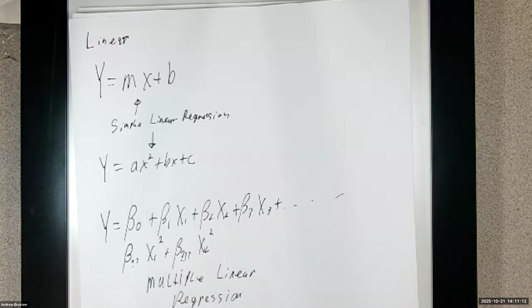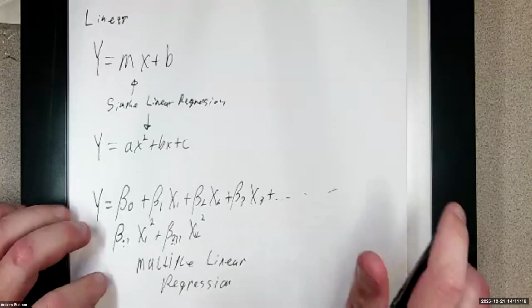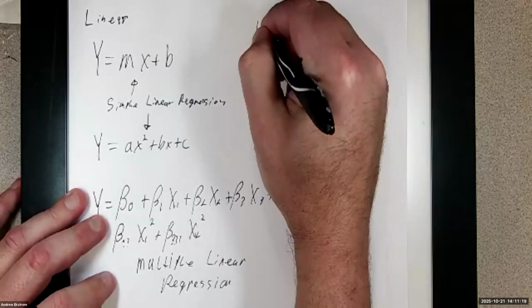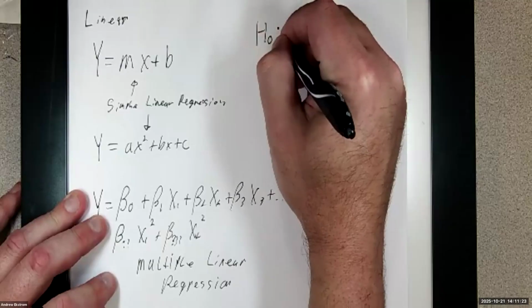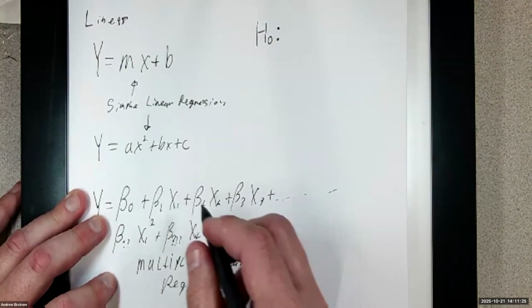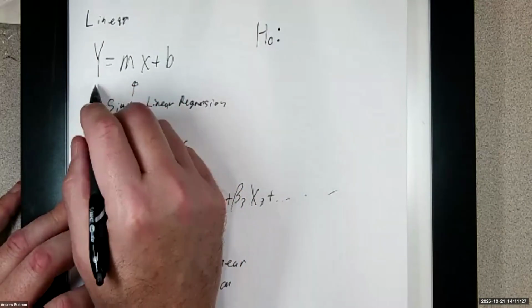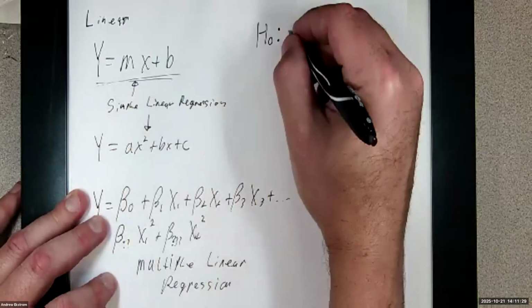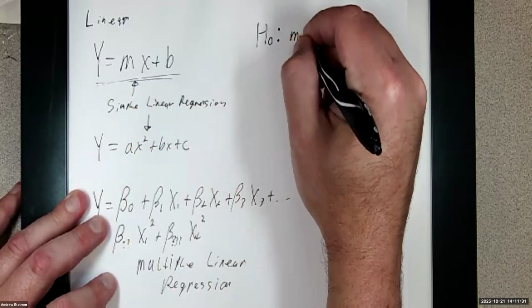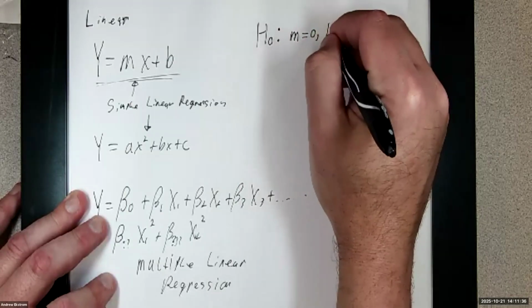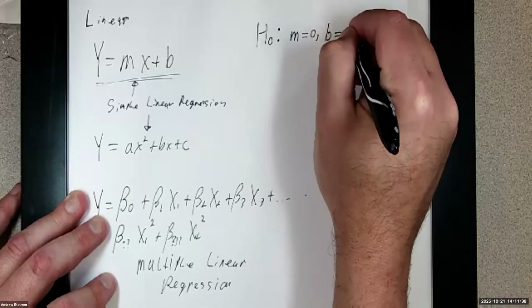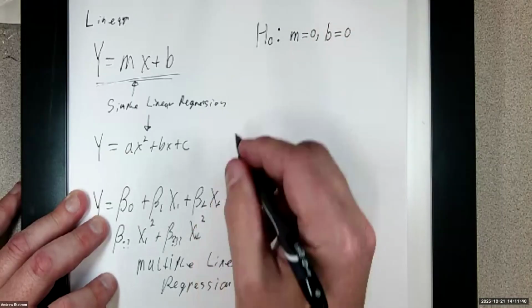With all of these, we're going to be doing hypothesis tests. For everything we're looking at, if we're talking about just a simple linear regression, our null hypothesis is basically that m is equal to 0, and that b is equal to 0.